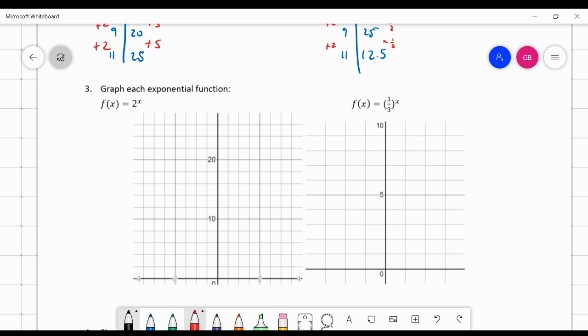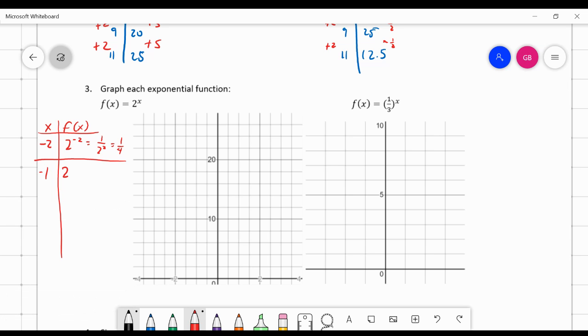Next one, we're going to graph the exponential function. So again, we're going to use a table. We're going to use negative and positive values. So if x is -2, then 2 to the -2 power is 1/2 squared, which is 1/4.